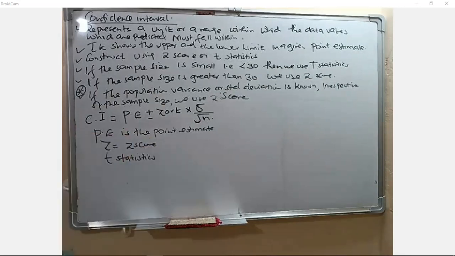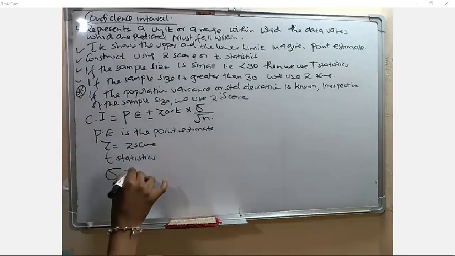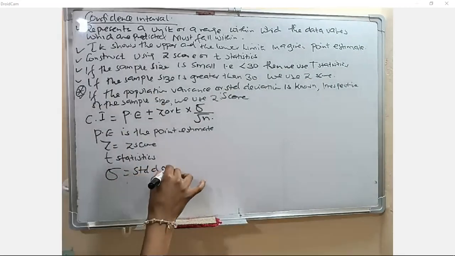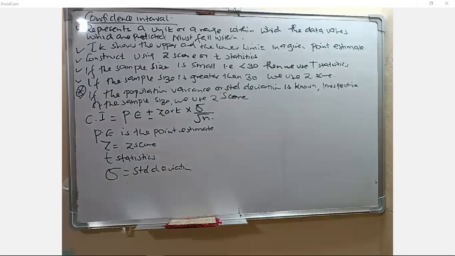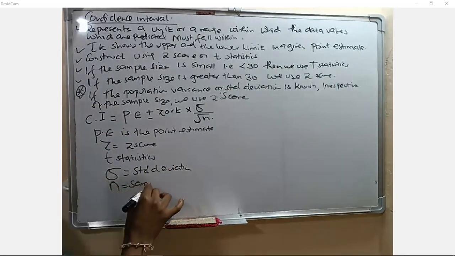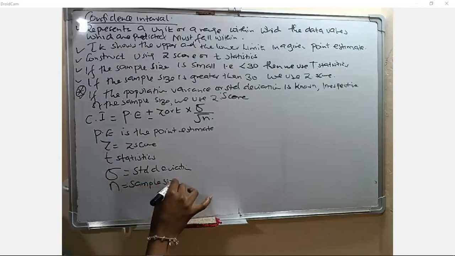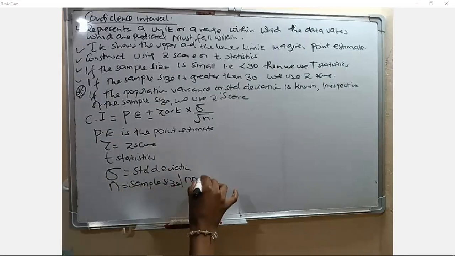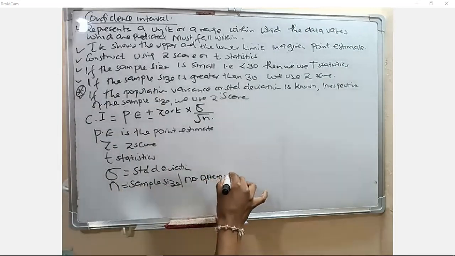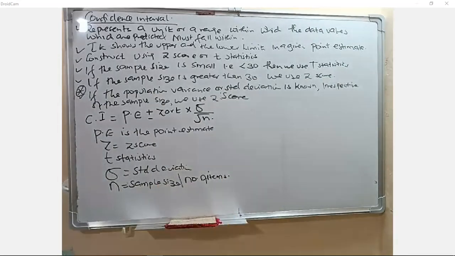We have this sign which we are using here, meaning standard deviation. Then we have our n, which is our sample size, or we can talk about the number of items.